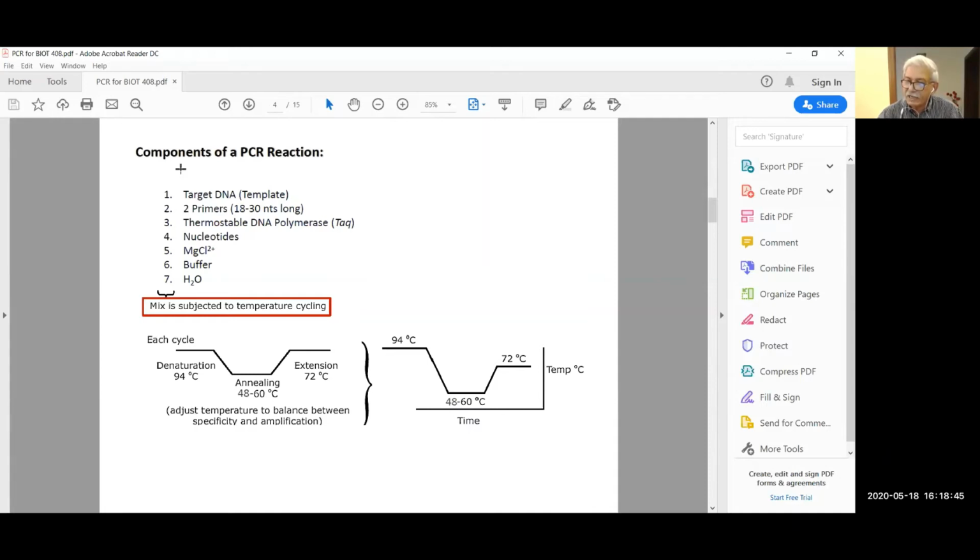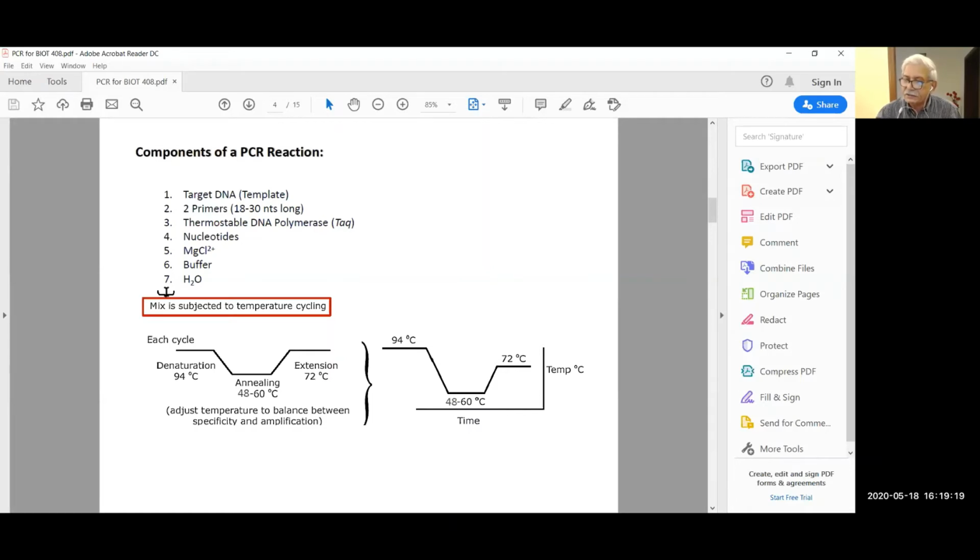Even if you get a break between the setup of PCR reaction due to any disturbance, or suddenly you remember or recall something and you are out of the reaction, you may forget what you have done so far. So make a tick by everything, by every constituent that you add to the tube, okay? And then make sure that you have added all the 8 components into the tube.